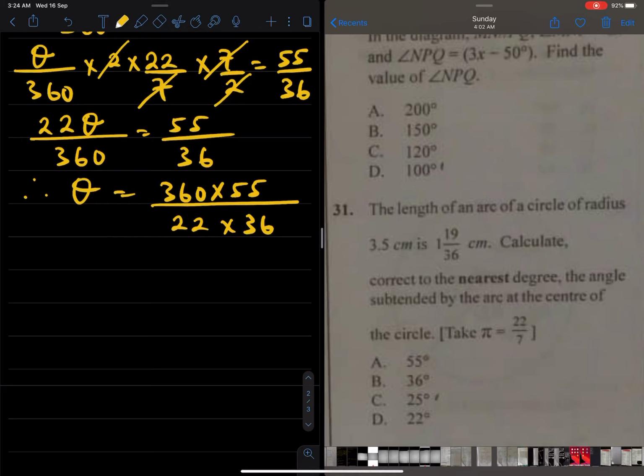And let's see what that is. And that's 25 degrees.